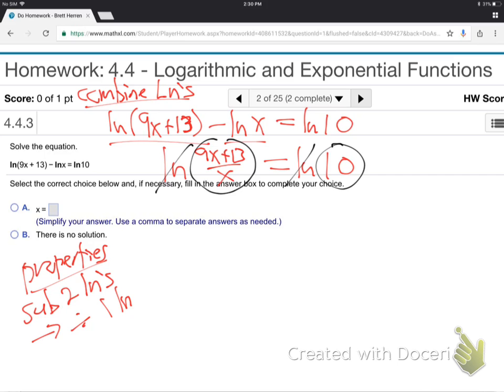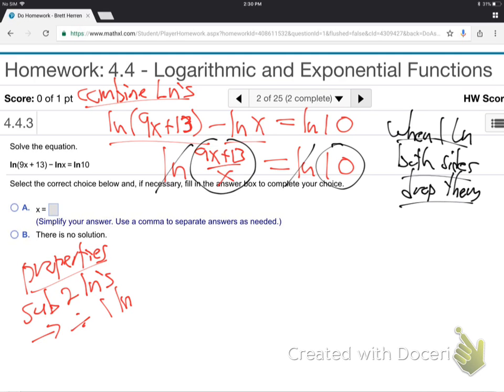So when there's one ln on both sides, you can just drop them. Now I have 9x plus 13 over x equals 10. I couldn't drop them on the first step because I didn't have just one on each side. I had to combine those two on the left.